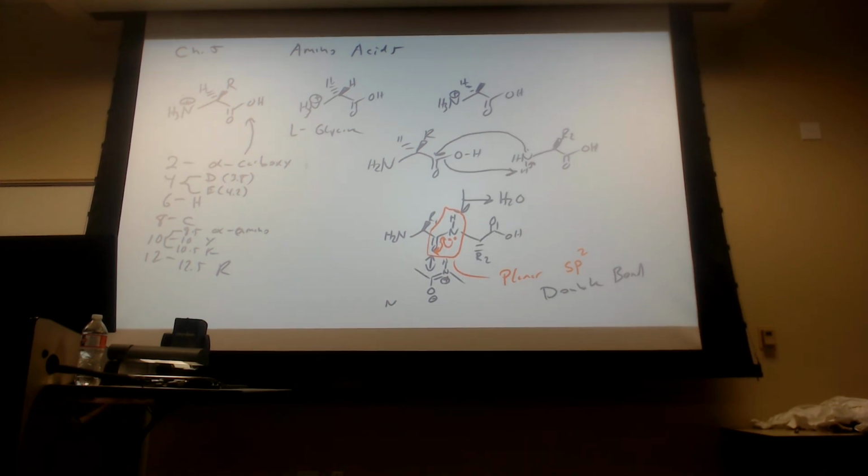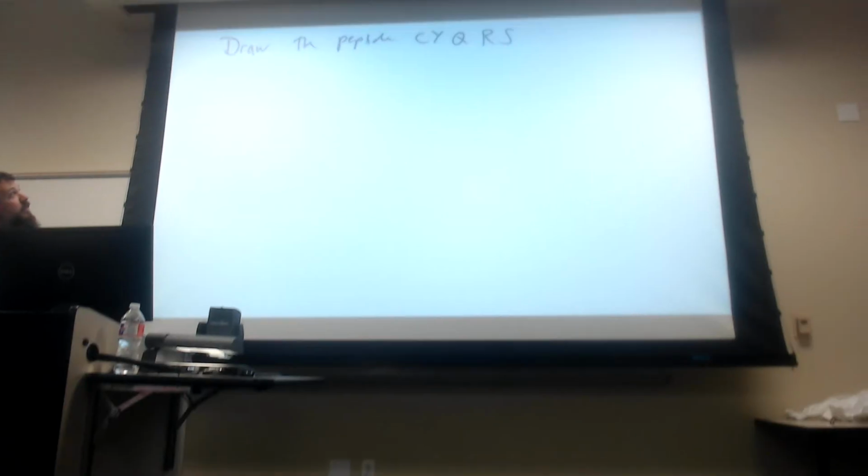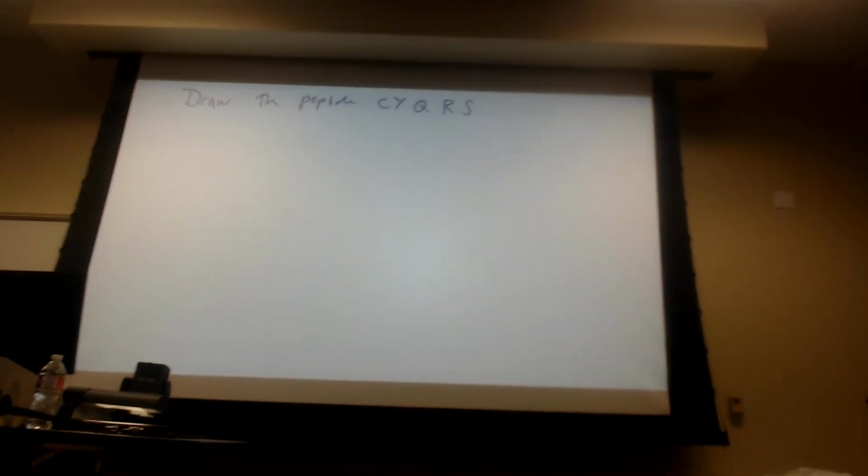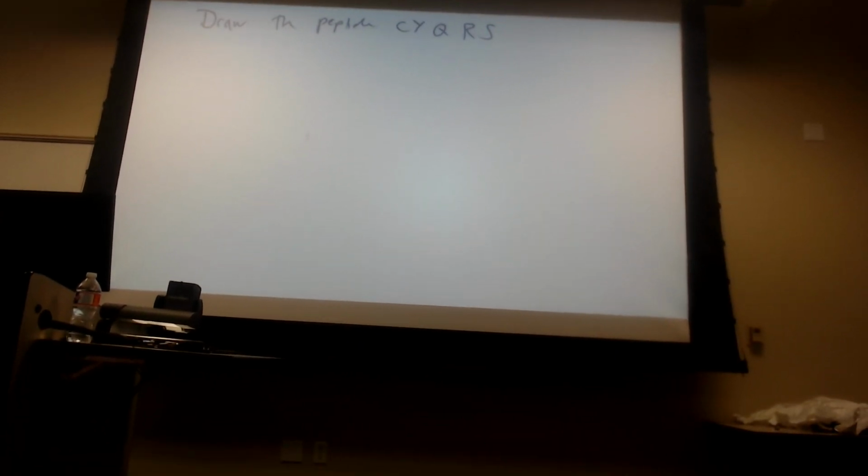And then we have to be able to draw a peptide if I tell you to draw a peptide. So if I say draw the peptide CYQRS, we always know that this is the N terminus, and this is the C terminus.